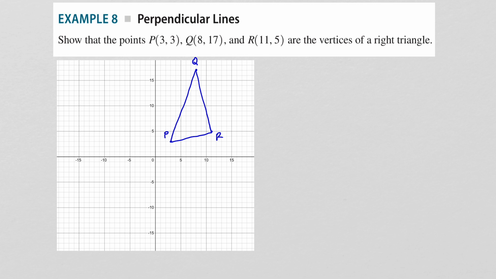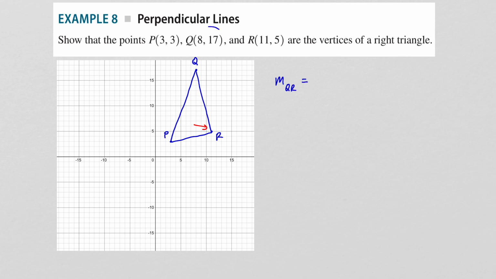Now, if you're looking at this picture, it looks like the right angle is probably right here, correct? I mean, this does not look like a right angle. This does not look like a right angle. So I'm going to try to show that the line through the points Q and R is perpendicular to the line through the points P and R. So to do this, I'm going to find the slope of the line QR.